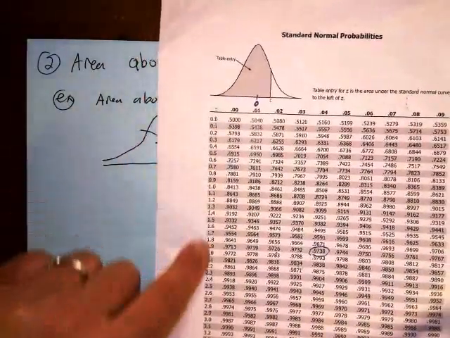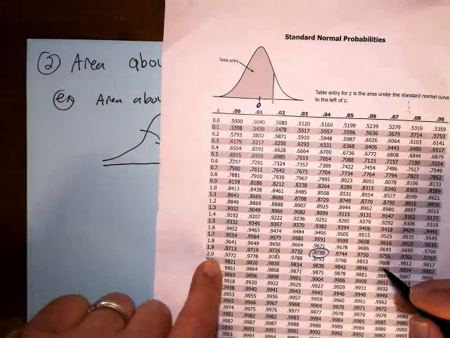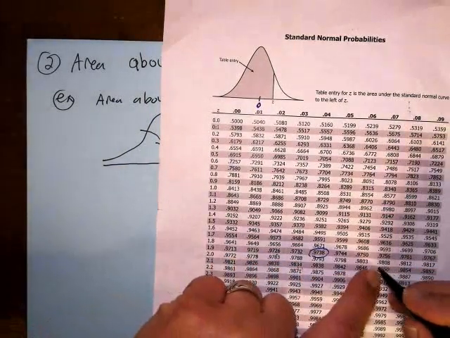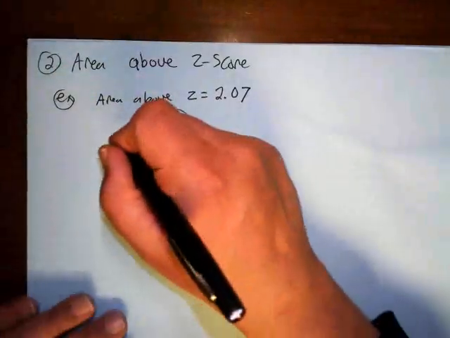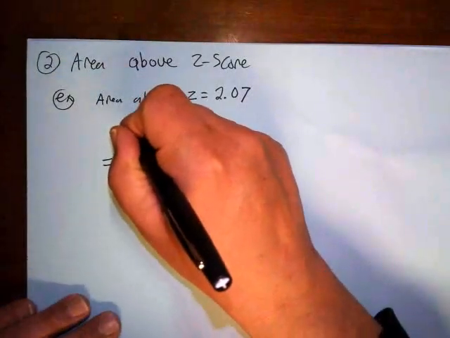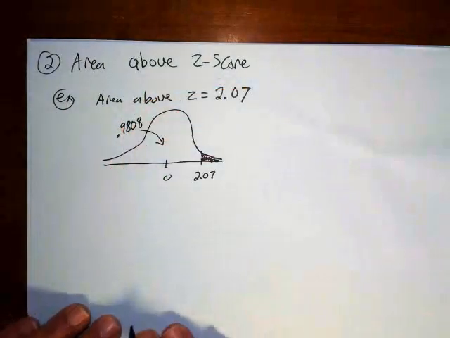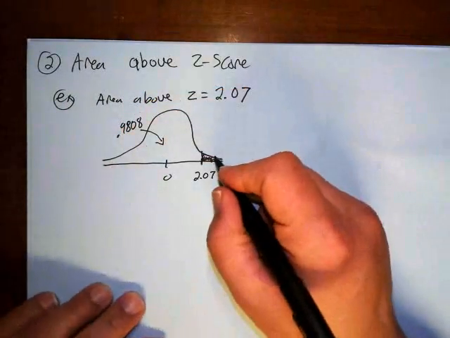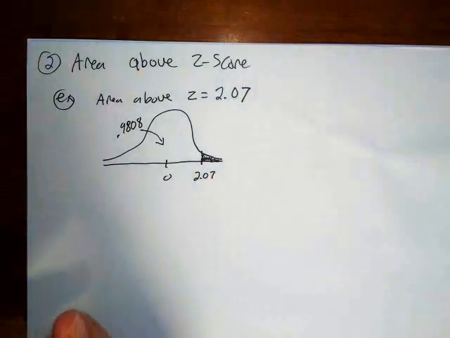So on the positive side, 2.07, so where these cross, I get 0.9808. Okay? So now the way that you get the area above is you subtract from 1.